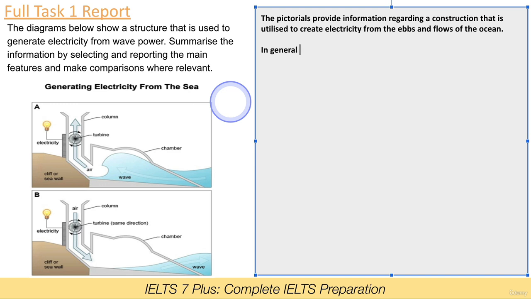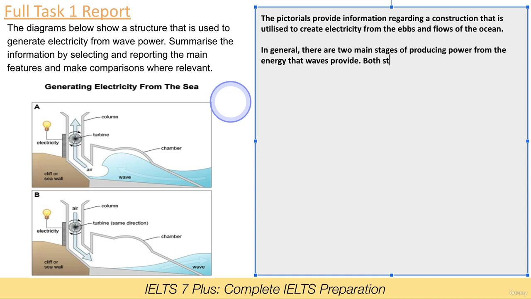So in general, on the whole, generally speaking, there are two main stages of producing power from the energy that perhaps we can say waves provide. Any other observations? Both include this air pressure.